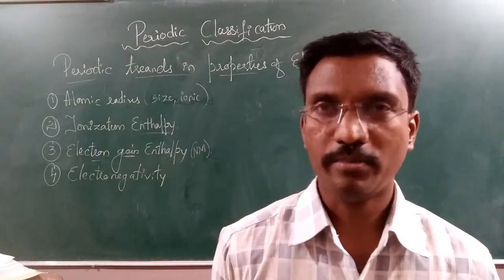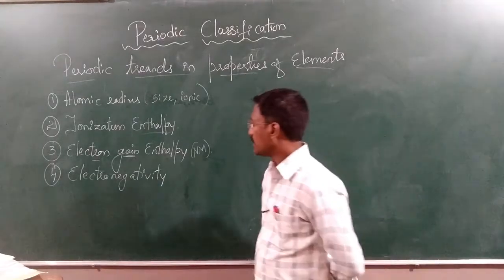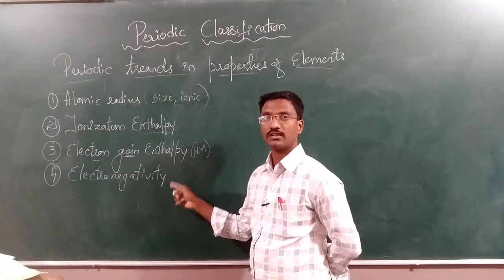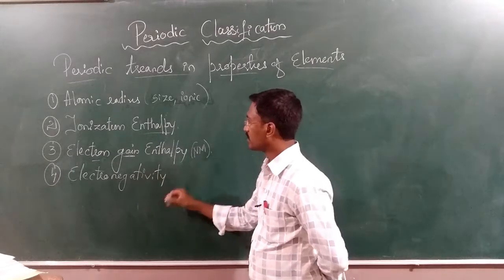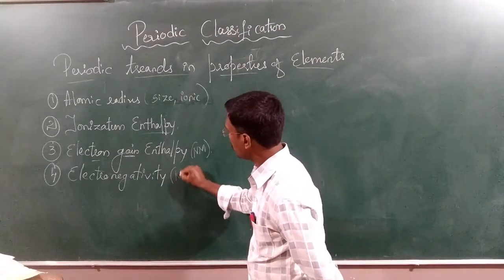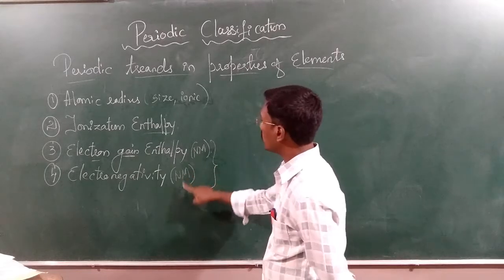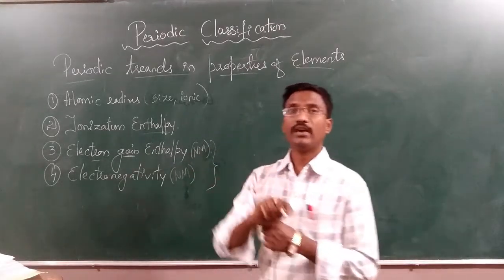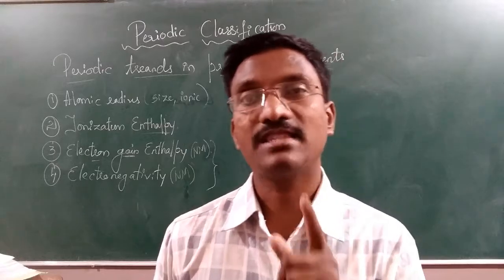It should be the non-metal, because non-metals have the negative charge, whereas metals have the positive charge. Metals are called electropositive and non-metals are called electronegative. So here we are going to discuss only the non-metals. Indirectly we are explaining about the non-metal, but you are not supposed to use the word non-metal.